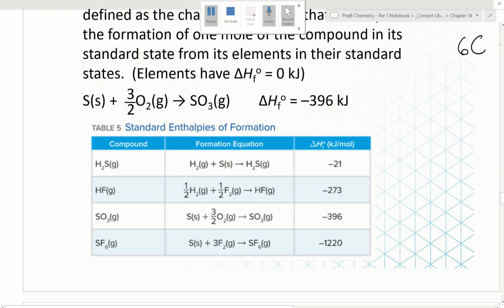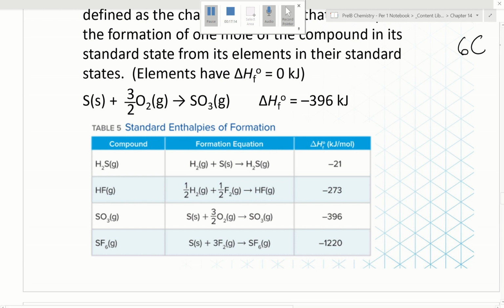So we have sulfur trioxide here. I have 1 sulfur plus 3 halves of an O2, which would give me 3 O's. And so that gives me the amount of sulfur and oxygen I need to make SO3. And I can see its enthalpy of formation is negative 396. You look it up. These are values that are found in tables.